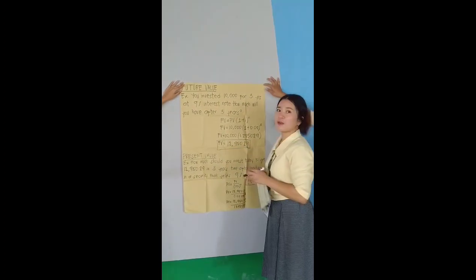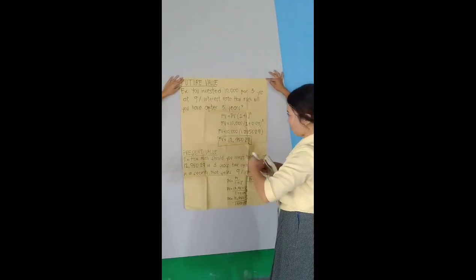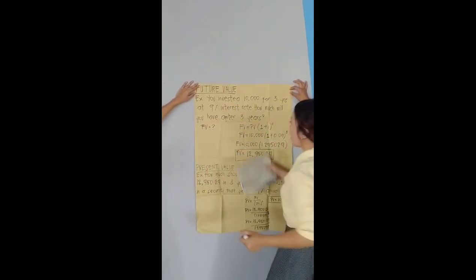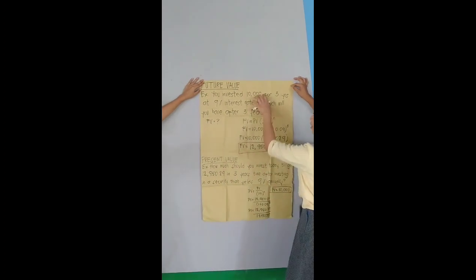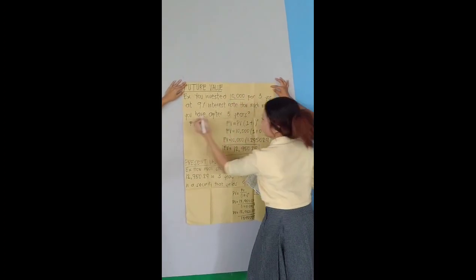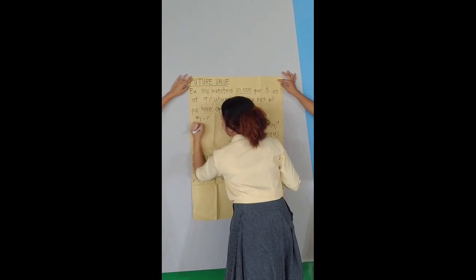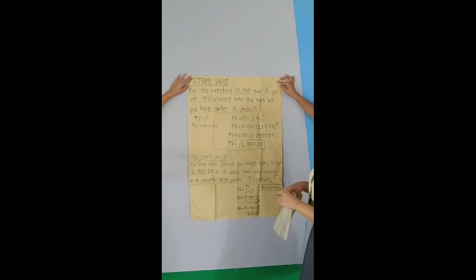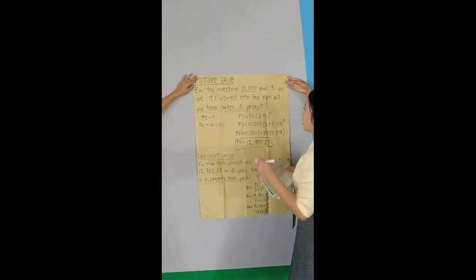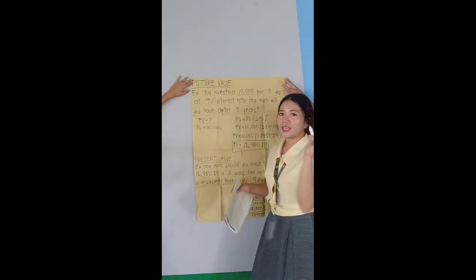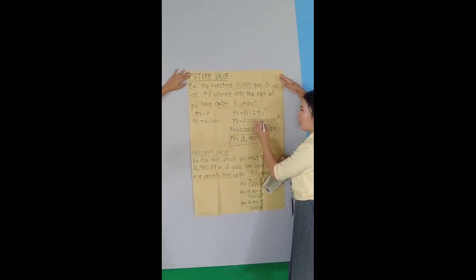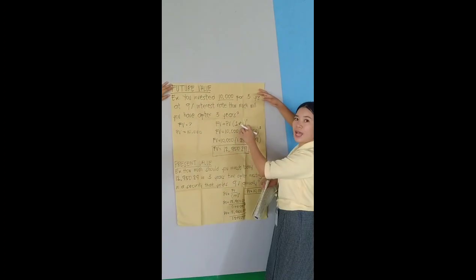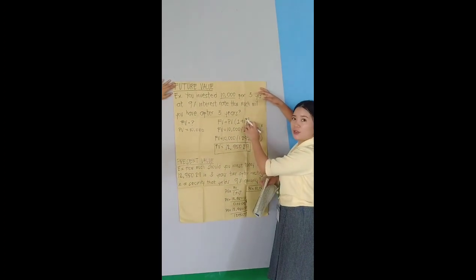We will solve for the future value. Our present value is 10,000. The formula is FV equals PV multiplied by 1 plus i, the interest, raised to n, the period.